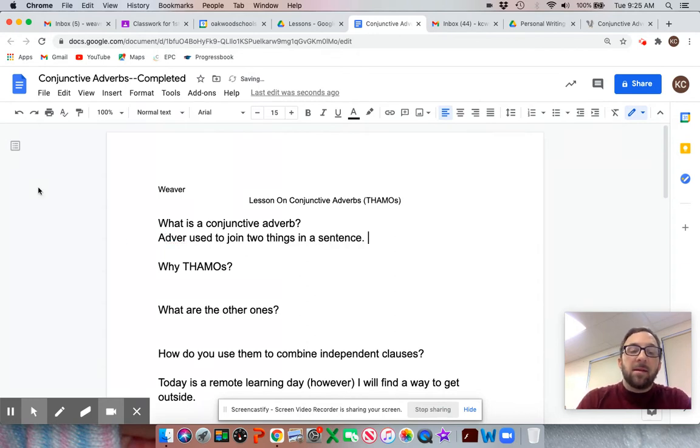That's really the definition of it in a very simple way. Sometimes it's meant to interrupt, but you're still joining two ideas. Sometimes you interrupt with it, sometimes you join two independent clauses. There's various uses for them, and there's different ways to punctuate depending on how you use the word or words.